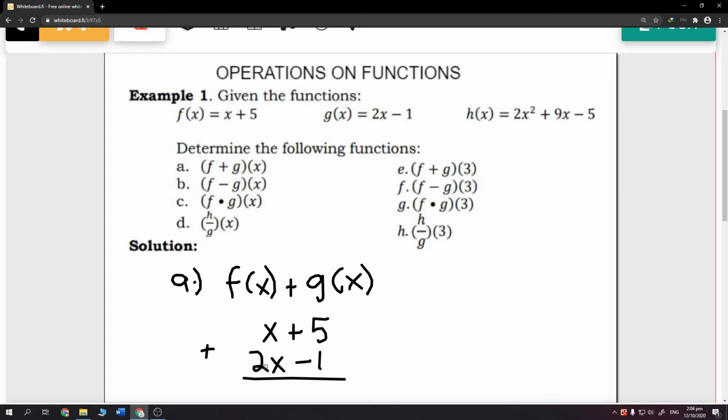We have x plus 2x, which is 3x. Why 3x? Because we have an imaginary 1. We are adding the numerical coefficients 1 plus 2, which is 3, and we just bring down the common variable, which is x. Then we have 5 plus negative 1. 5 is higher, so we follow the positive sign, then subtract the two numbers. 5 minus 1 is 4. So the answer is 3x plus 4.